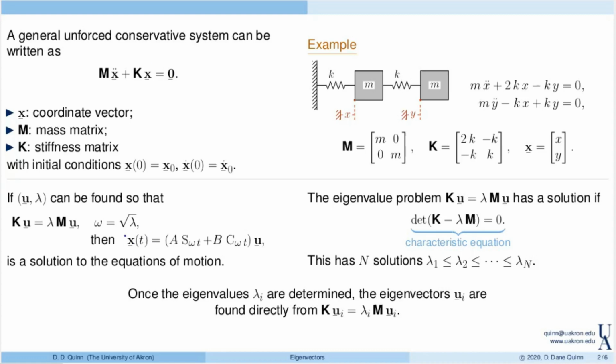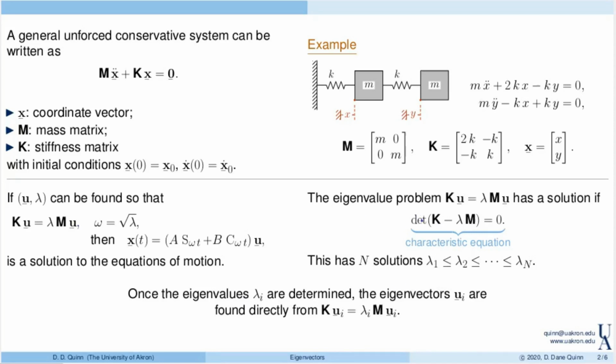X here represents the response of all of the coordinates, and it's some function in time, a sine omega t, where omega is the square root of lambda, and b cosine omega t. A and b here are arbitrary constants used to fit initial conditions, times an eigenvector u. Right? So lambda represents an eigenvalue, and u is an eigenvector for this general eigenvalue problem.